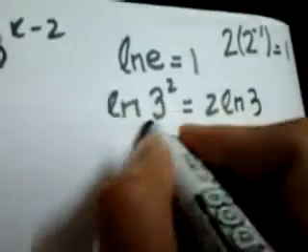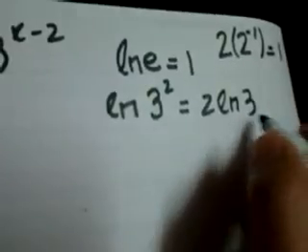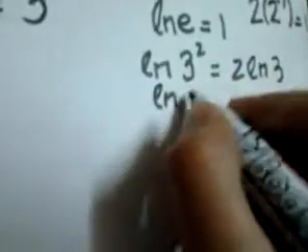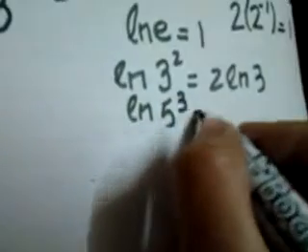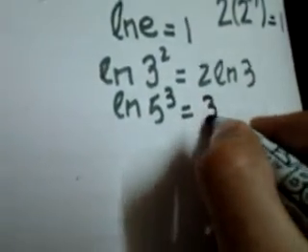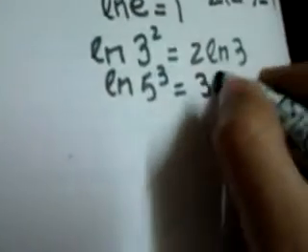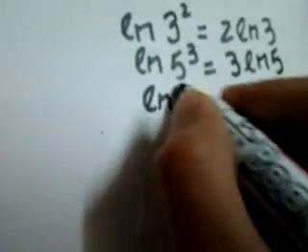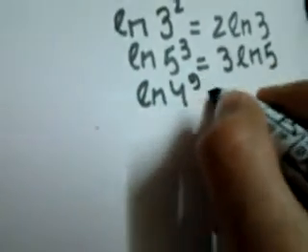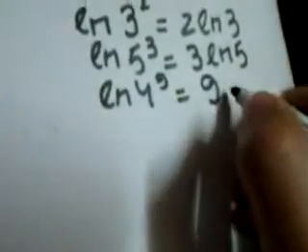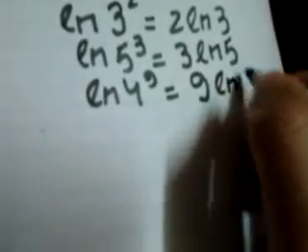Now type this out and type this out, and they will give you the same value. What's ln 5 to the power 3 going to be? The power comes in front as a product, and the ln 5 will remain. Now what's ln 4 to the power 9 going to be? The power comes in front as a product, and the ln function, that is ln 4, remains.